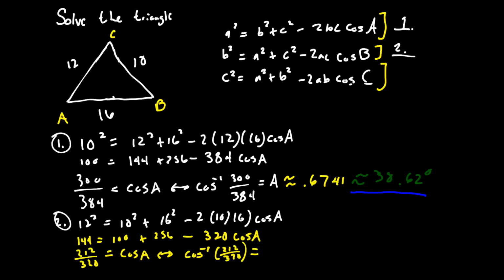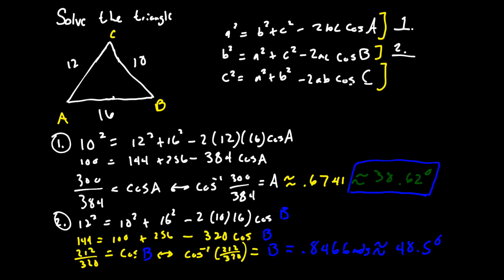Oh, sorry, I just realized that this is not our angle A, this is our angle B. Our angle B then is going to be about 0.8466 rads, which is approximately equal to about 48.5 degrees.